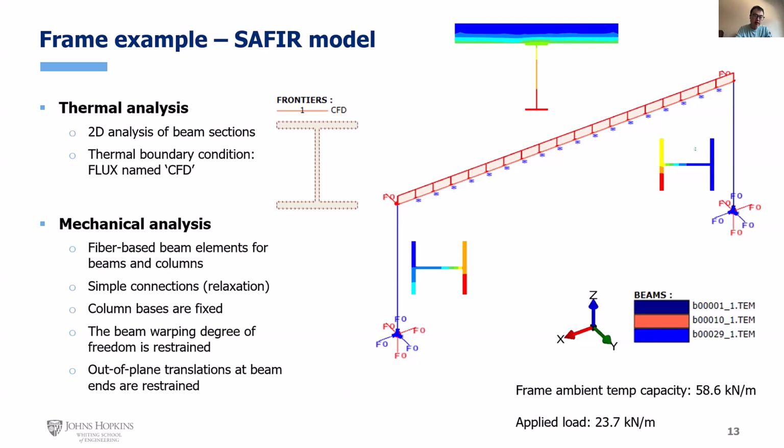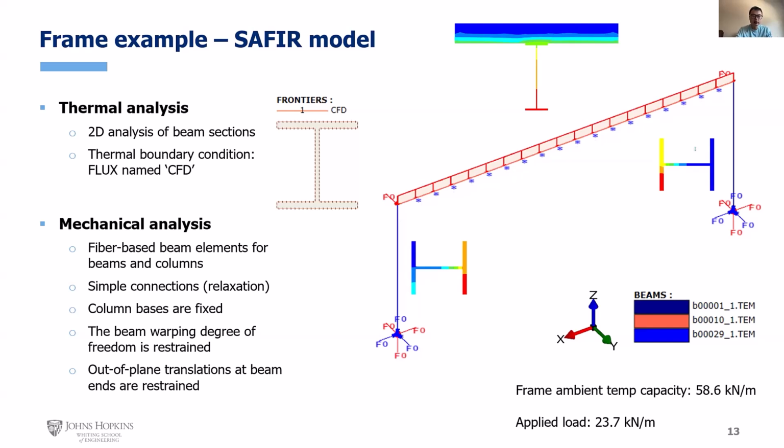Now we have built our FDS model, and we've run it and obtained the transfer file, the RADF file. The next step is to run the thermal analysis and mechanical analysis. In the thermal analysis, we use 2D analysis of the beam sections. For all the surfaces exposed to the fire, we assign a thermal boundary condition of flux named CFD. For example, here we have a column. All four sides of the column are exposed to the fire, so we assign the frontier CFD to all the column surfaces.